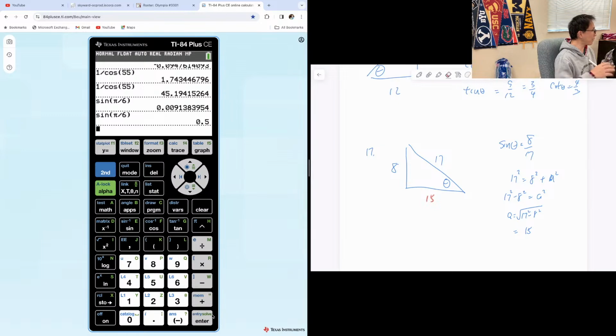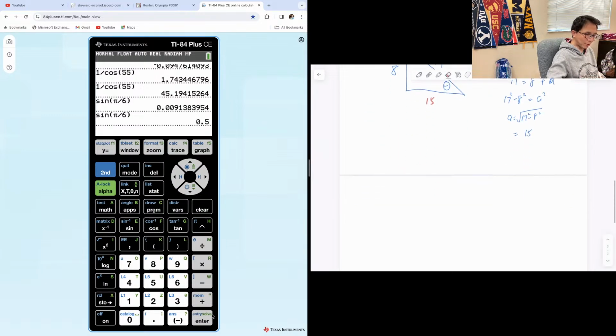So I want to make sure everybody knows how to do something. Make sure that you can find cosecant of 23 degrees. Right now, see if you got it right. Make sure you use your calculator the right way. Make sure your setting is correct. Check with each other to make sure they got the right answer.